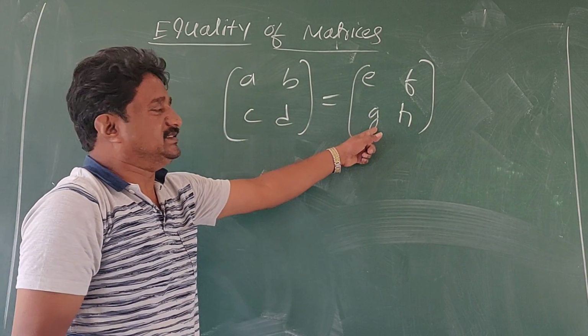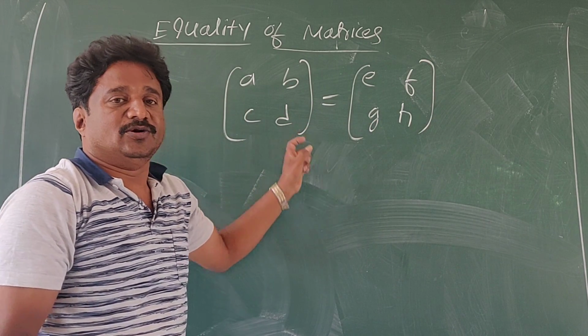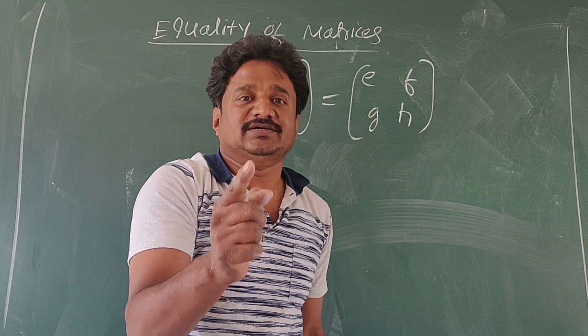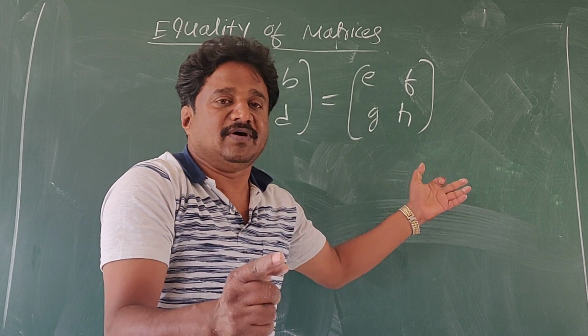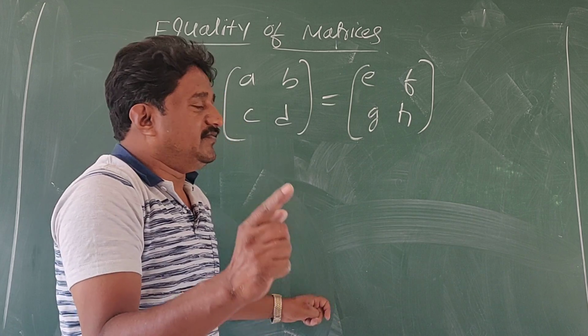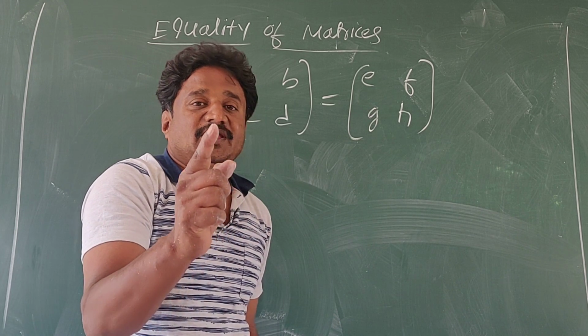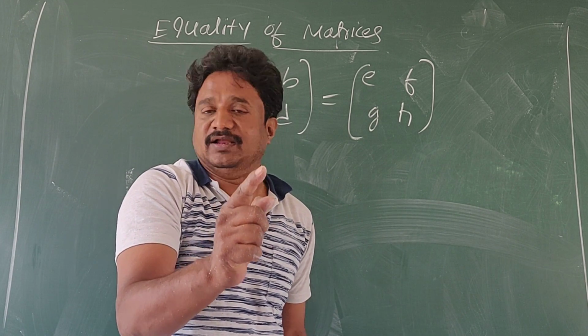Two matrices are said to be equal when their corresponding elements are equal.